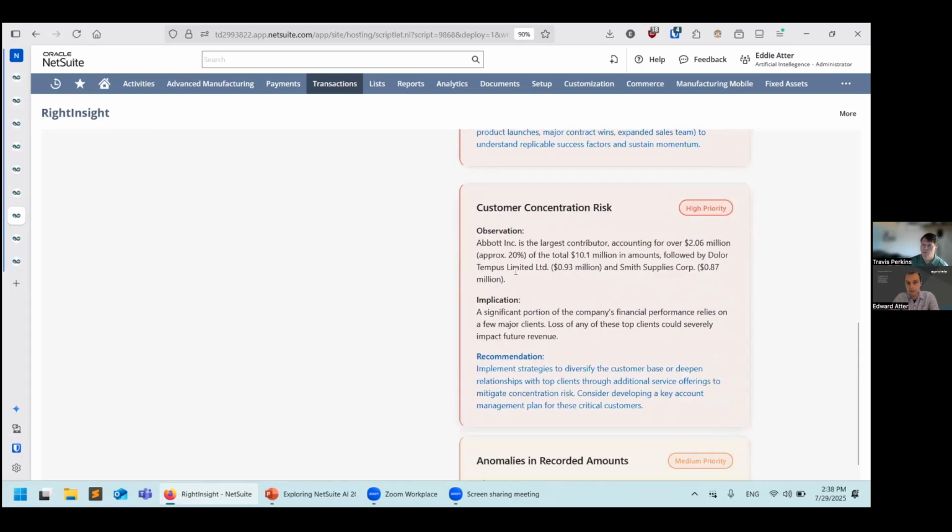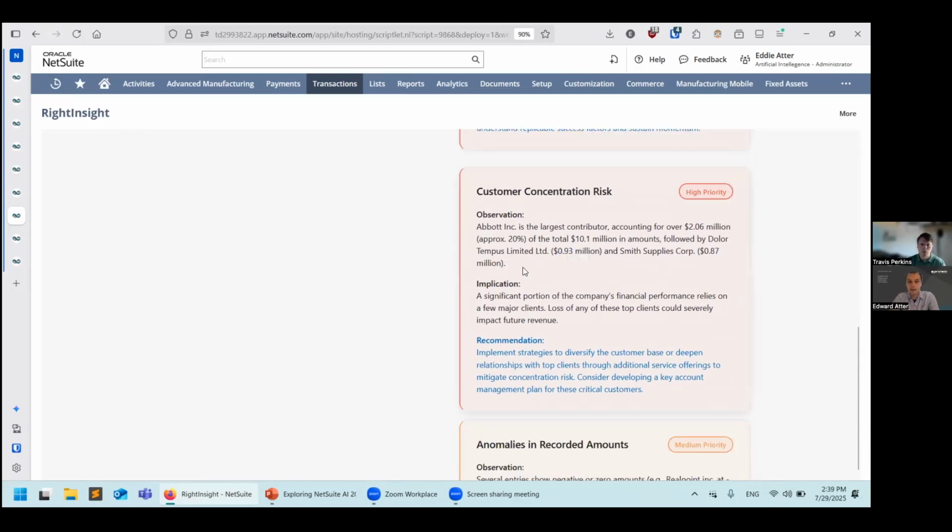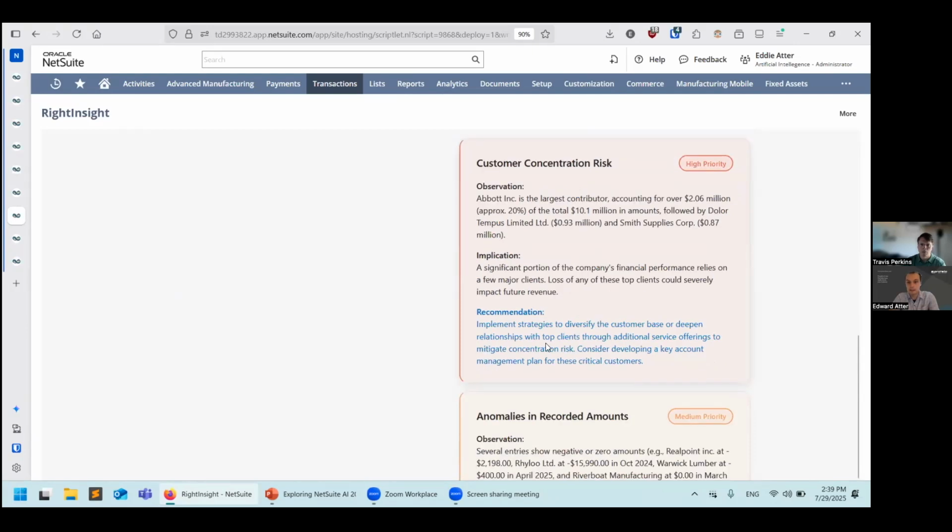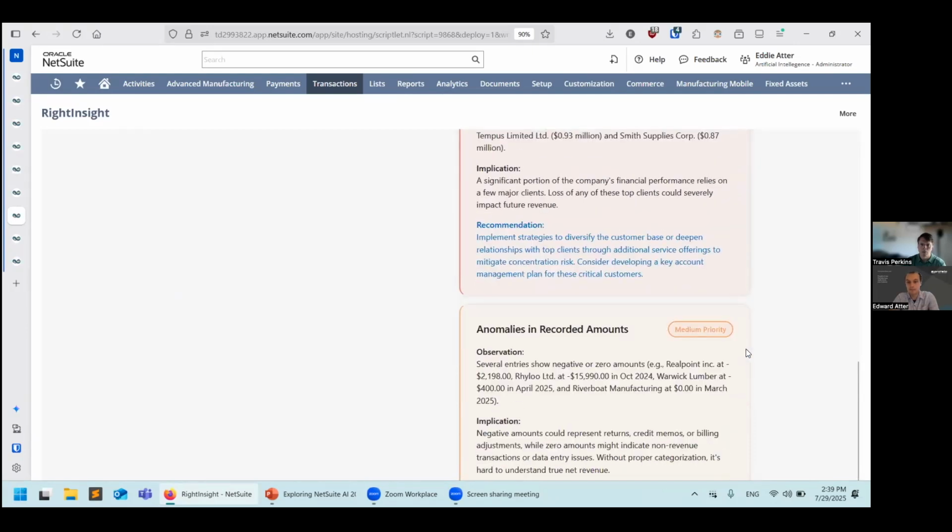It talks about Abbott Inc., one of our largest contributors, accounting for almost 20% of our revenue. And the second place is 1 million, right? So almost half of that. So we're probably at a bit of a risk in diversification, and it's found and flagged that for us to consider.